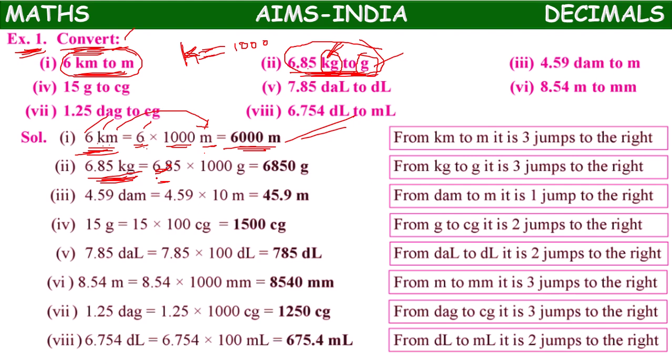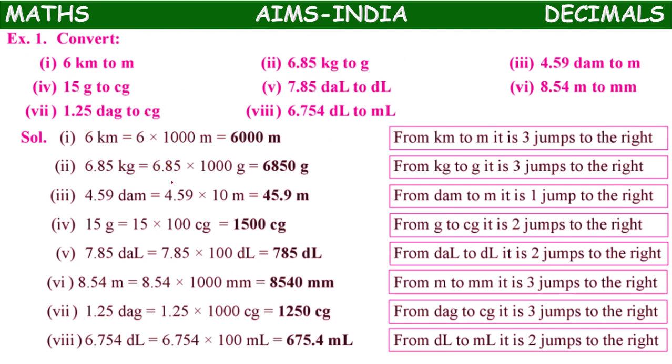In 6.85 kg, instead of kilo, we will mention 1000 here. Next gram, we will take it as it is. 6.85 into 1000.